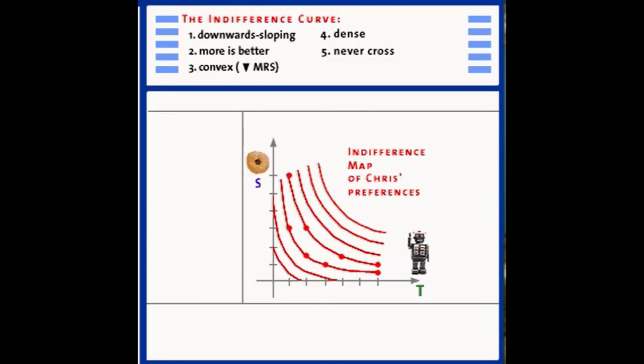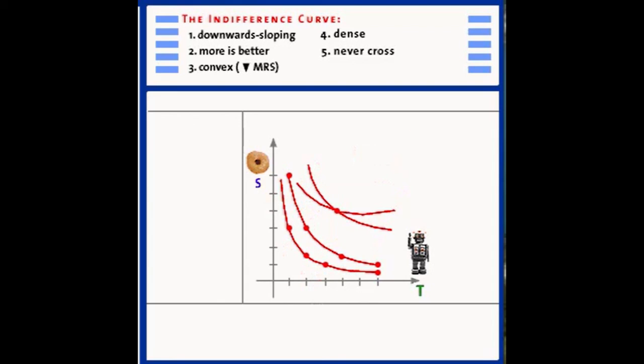Let's say we've got 3 points on this particular indifference curve, and we'll call them A, B, and C. Now let's take a couple of points that are on the other curve, and we'll call those points D and E. Now the thing that I want you to notice here is that point B is on both curves. That's what it means for the curve to cross.